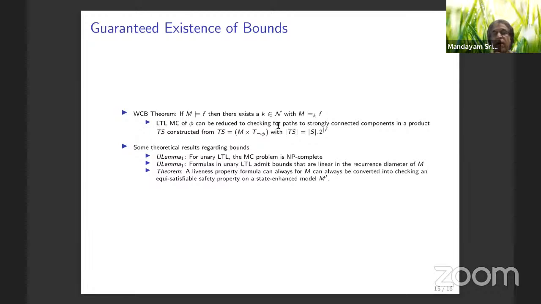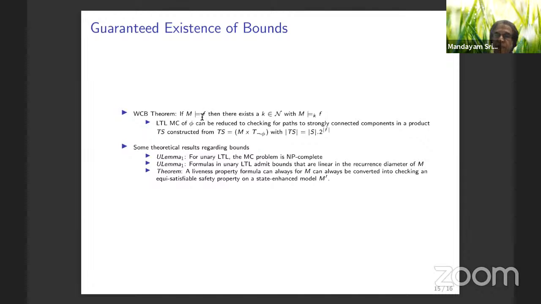So I'm going to now start talking about bounds, okay? Yeah, this is the first one. The WCB theorem is a theorem that guarantees existence of a bound. Okay, if a formula F, I'm talking about existential LTL, an LTL formula.